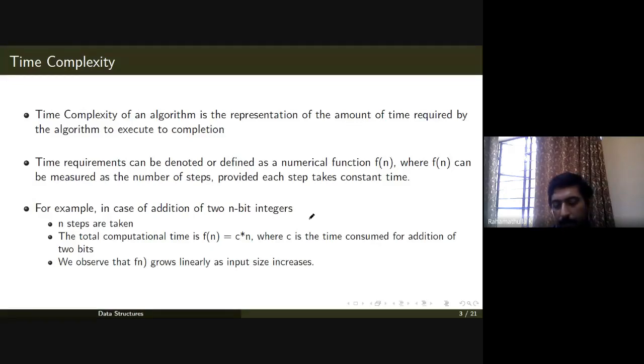The time requirement is denoted as a function f of n, not as a count of seconds or milliseconds. We will be denoting the time complexity of an algorithm as a numerical function f of n, where n is related to the size of the problem or the total input size.